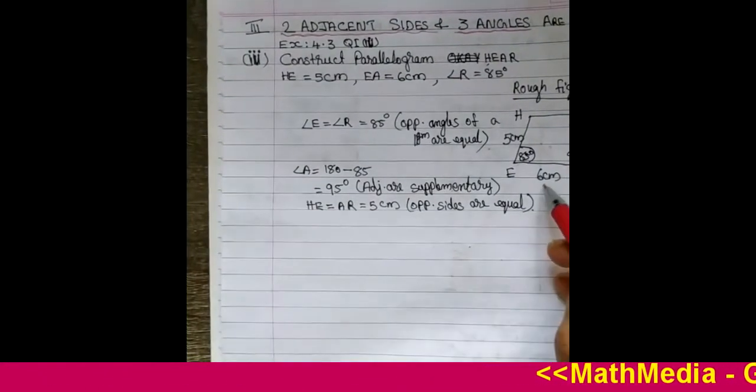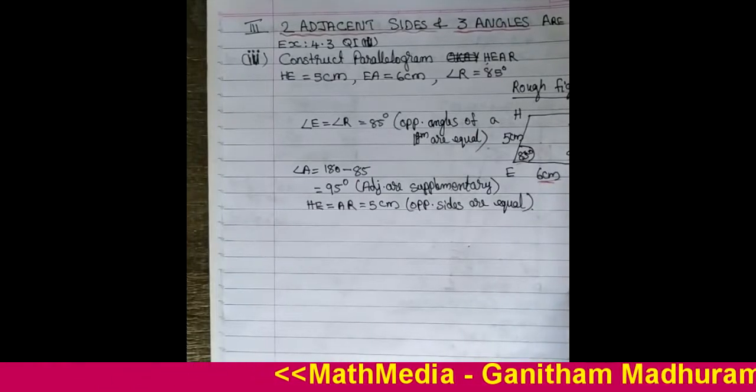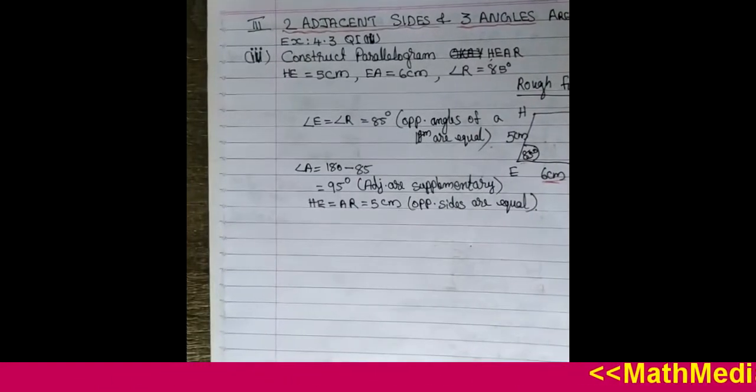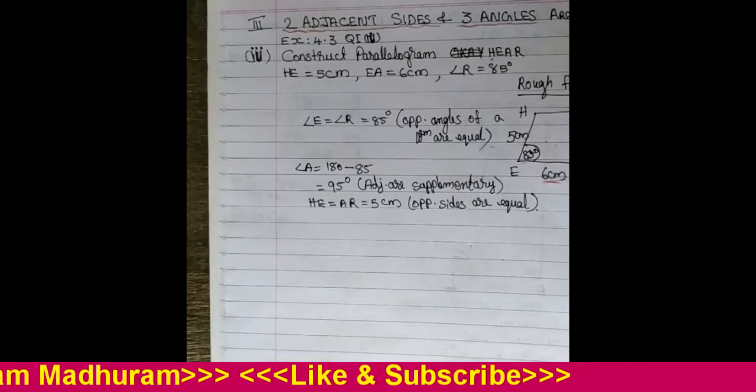Now we have 2 adjacent sides 6 cm and 5 cm and 3 angles 85 degree, 95 degree and 85 degree. Now we are able to construct parallelogram HEAR.